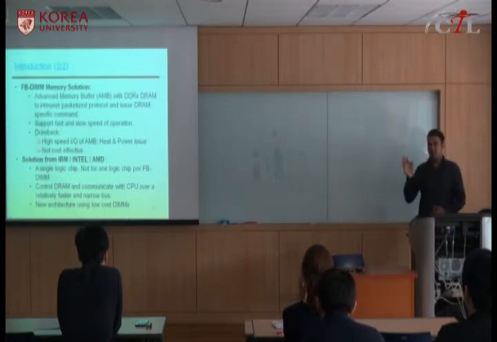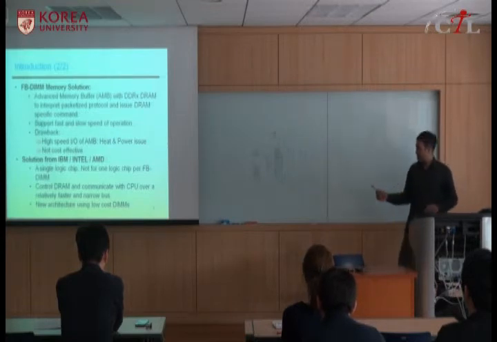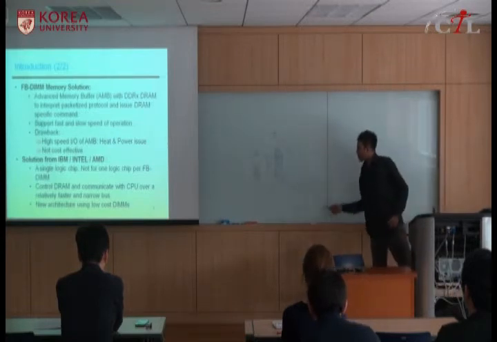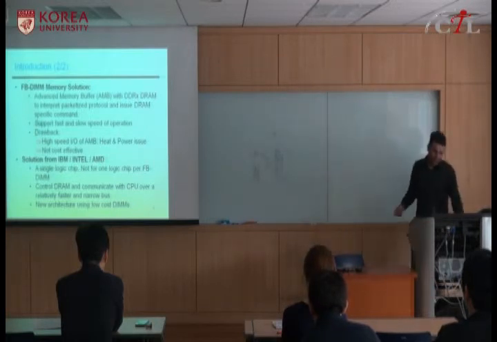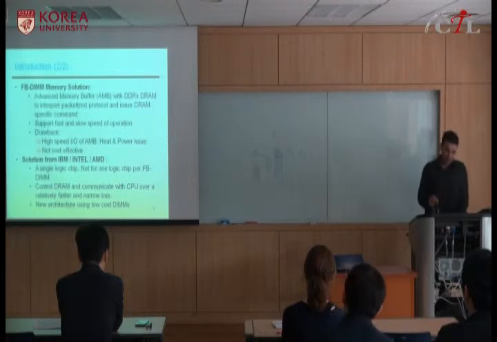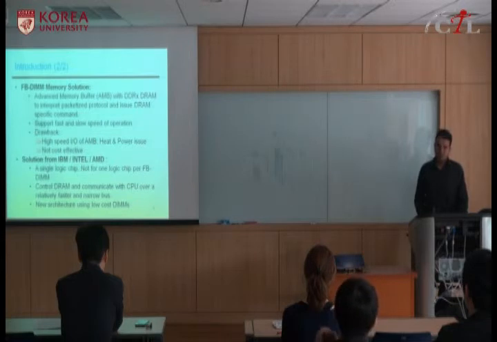Suppose there are 2 or 4 DIMMs and one single buffer for the memory bank. That means we can combine these 4 DIMMs as a memory bank and use a single memory buffer for it. The author used that solution from IBM, Intel, or AMD, and modified that solution and also modified some operations.